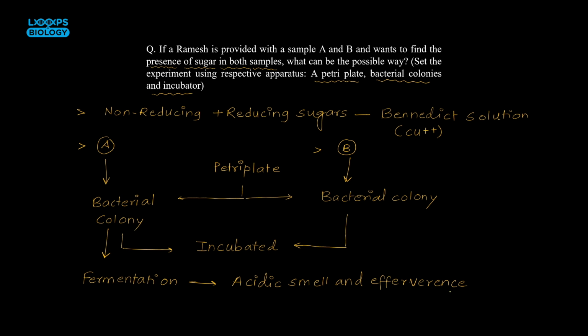What do we mean by effervescence? That is nothing but a bubbly structure over the surface of the bacterial colonies. The medium you take is either sample A or B. Based on the presence of sugar, there will be an acidic smell and effervescence coming from that sample, and that will indicate the presence of sugar in the sample.